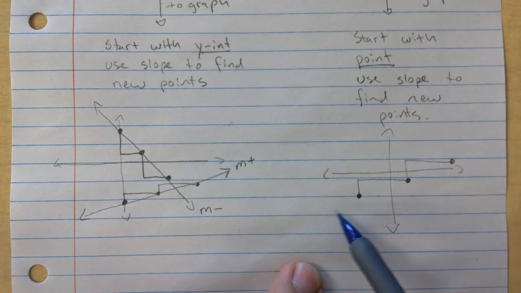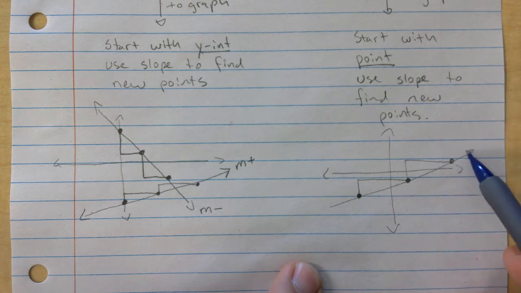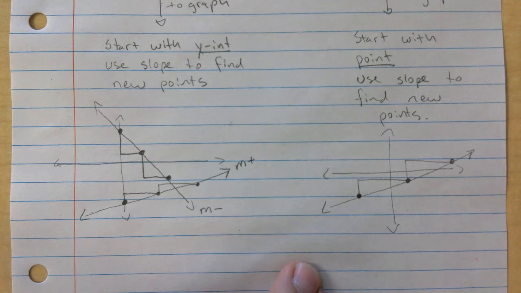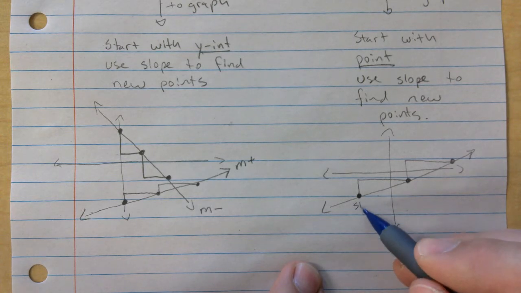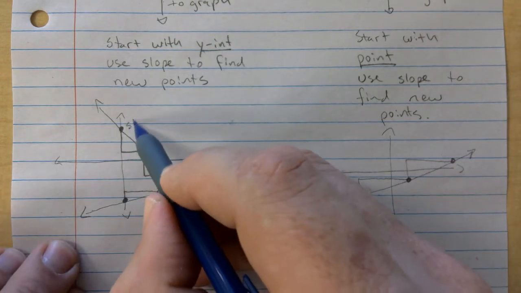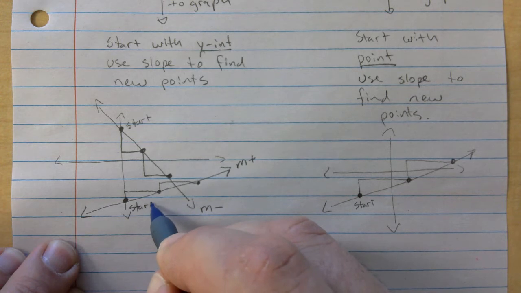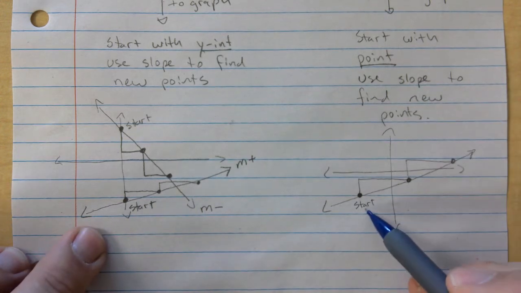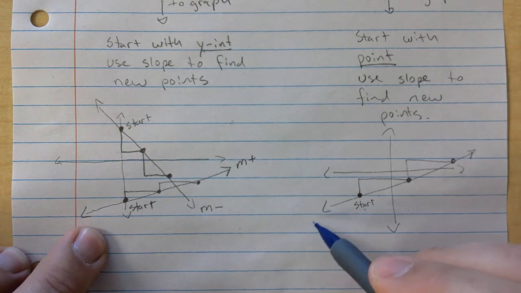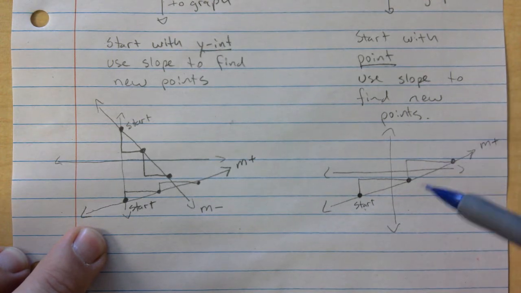I know this is tough to copy because I'm basically making this up as I go. It's not as organized as you would like it to be, but you start here. And on this one, you start by the y-axis, right? Here you start there. So this would have, because it's going up from left to right, a positive slope.